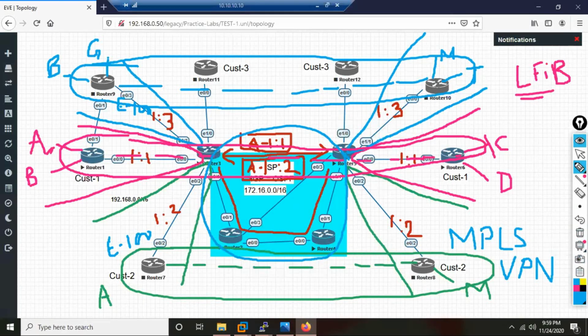That means now it is something like this. Maybe I will draw using a different color. What if I want router 1 to access routes of router 8?